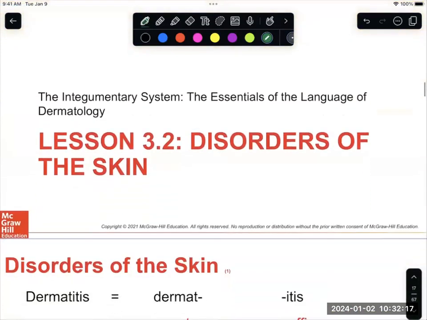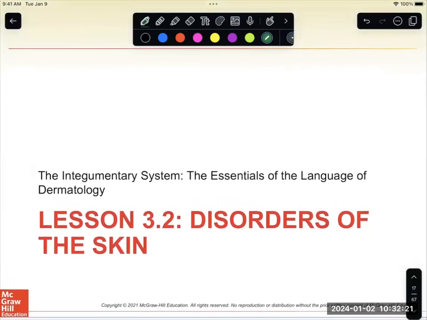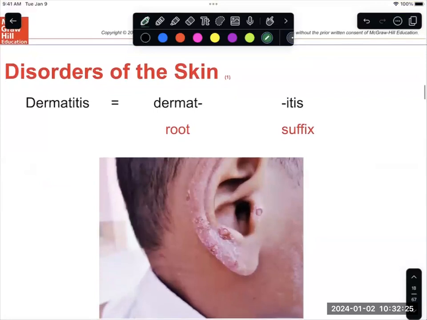Let's look at some disorders of the skin now. So dermatitis. Dermat is the root. Itis is that suffix that means inflammation of the dermis that can be caused in many different ways.